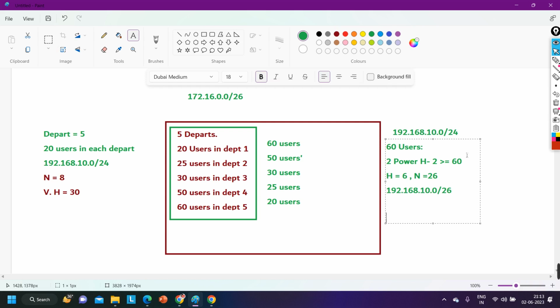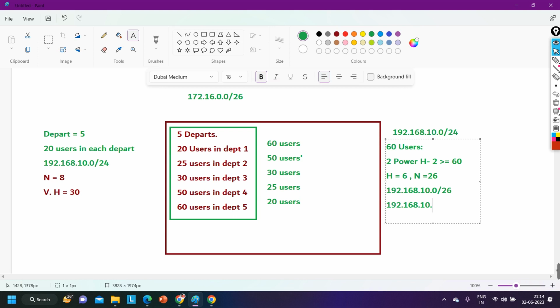Next network will be what, guys? Next network is 192.168.10.64.